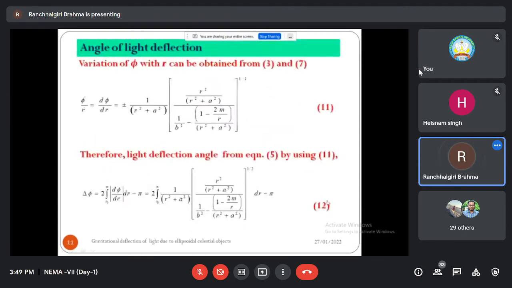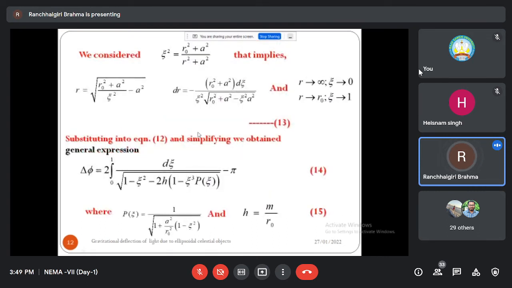Now, this equation 12 is not easy. Therefore, we assume psi squared equal to r naught squared plus a squared by r squared plus a squared. Then this gives r, and dr is equal to this. The limits also change: as r tends to infinity, psi tends to 0, and as r tends to r naught, psi tends to 1.